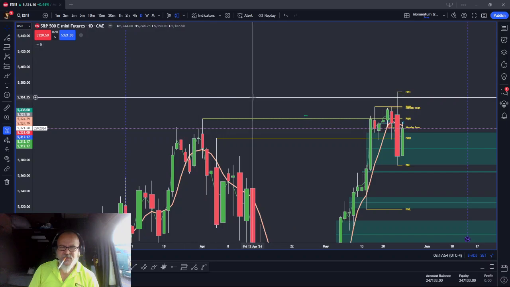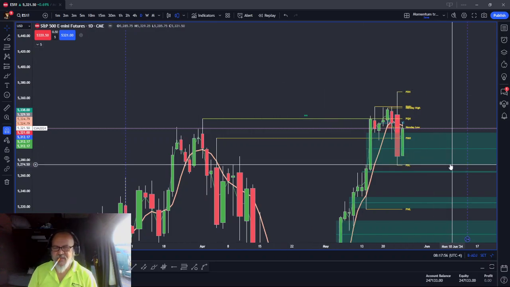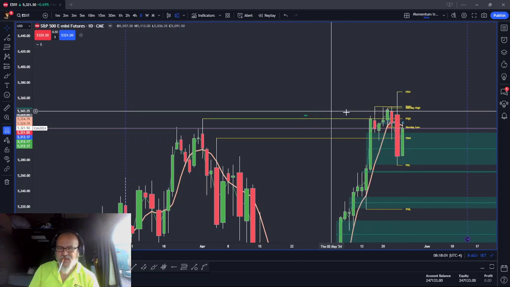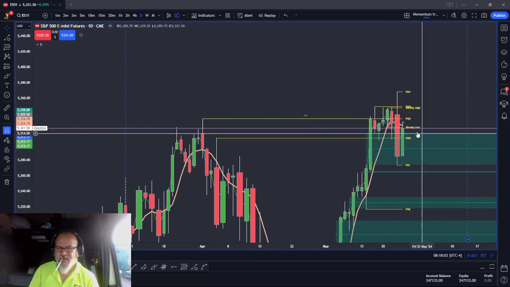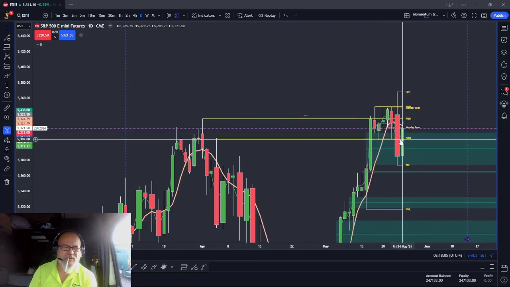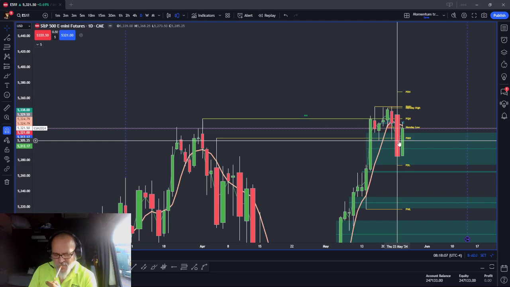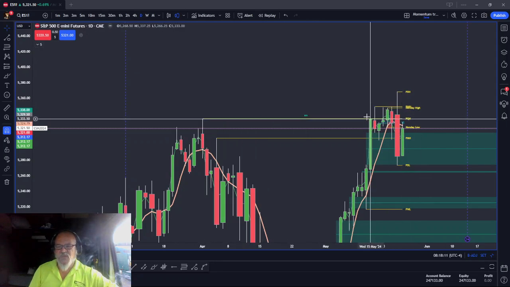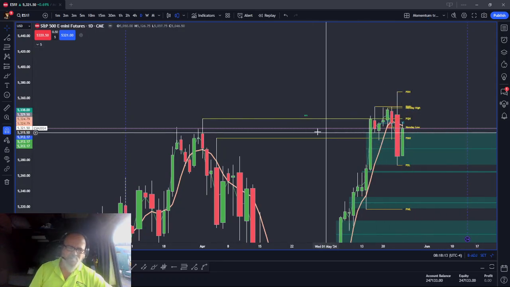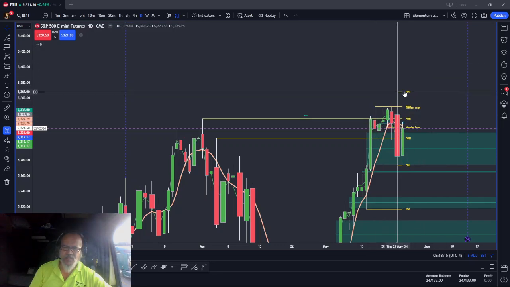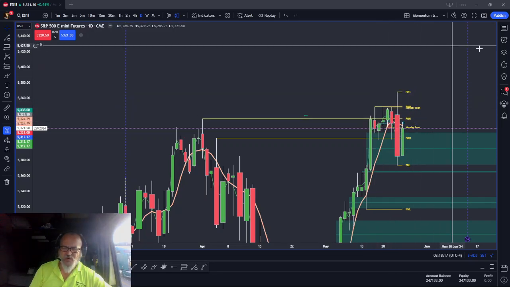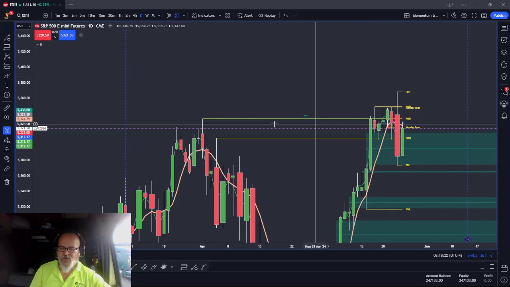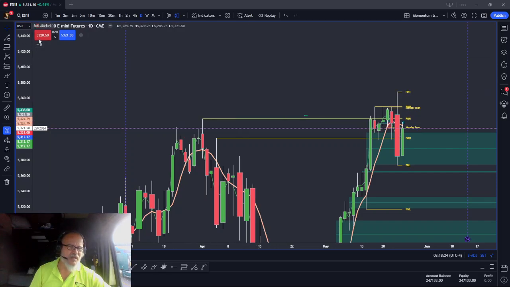So NASDAQ is bullish. Obviously, S&P is going to be bullish. Looks a little different, but same concept. We didn't have displacement that created a bearish fair value gap on the daily, even though we took out liquidity. So we don't have a quick move away, which would suggest to me that we could go higher here before some more consolidation and a rollover if we get it at that point.